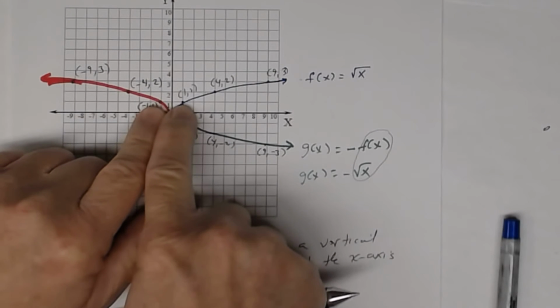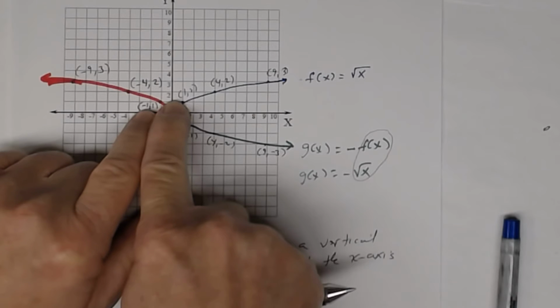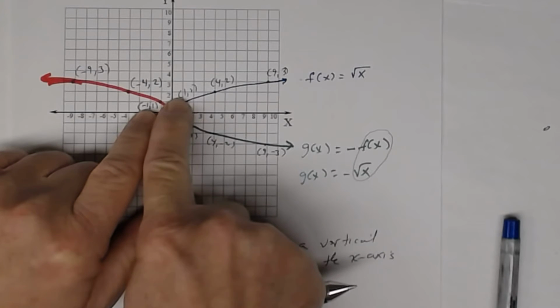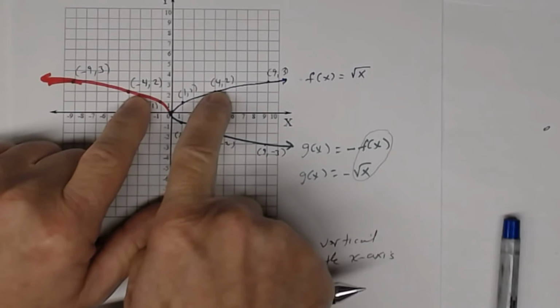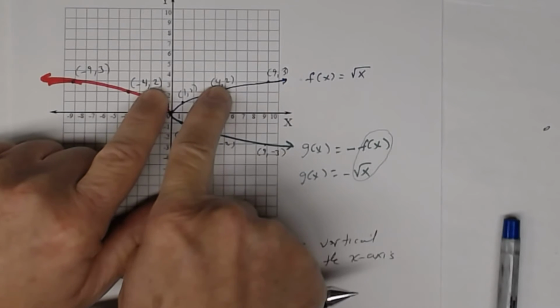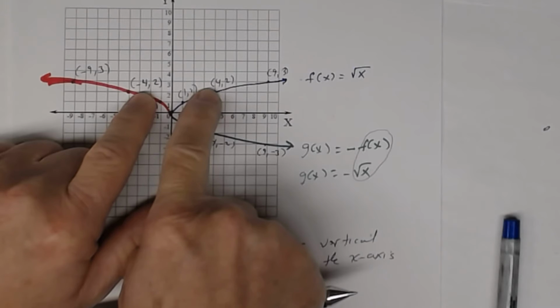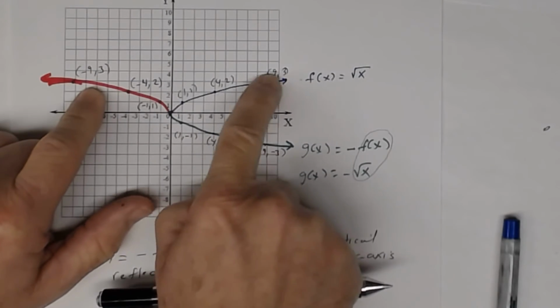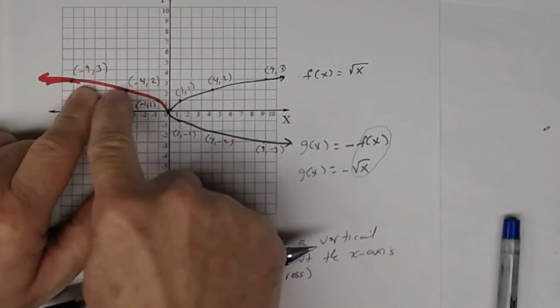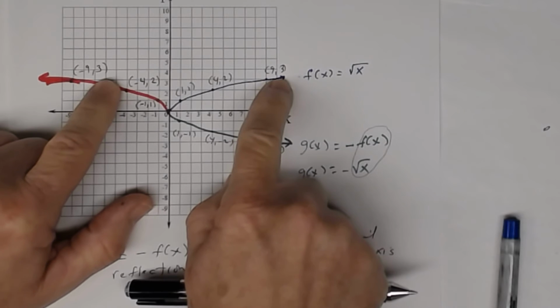The y-coordinates stay the same. What changed? The x-coordinates. Those are opposites. 1, -1. Look at these two. (4, 2), (-4, 2). The y-coordinates stay the same. What changed? The x-coordinates are opposites. 4, -4. When you reflected (9, 3) about the y-axis, the y-coordinates stay the same.